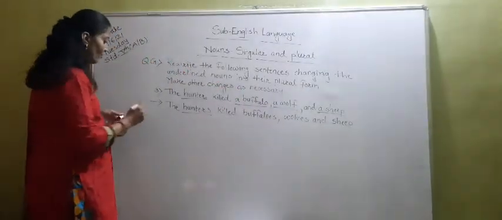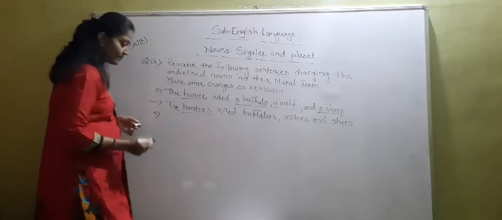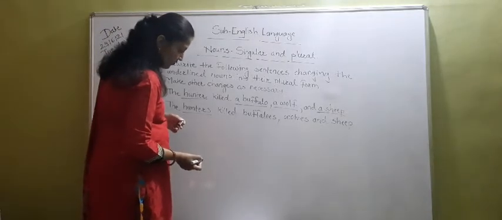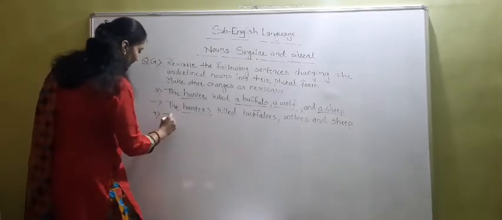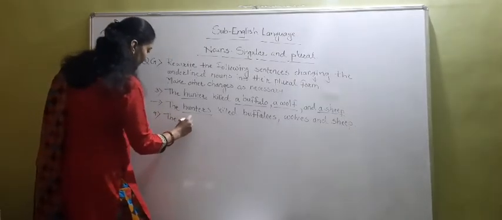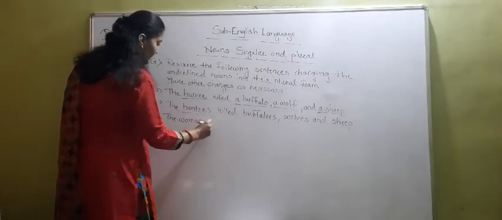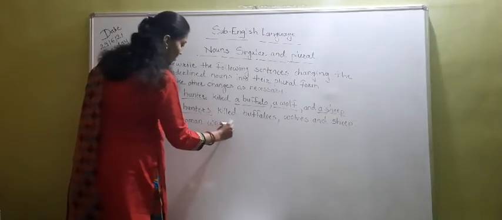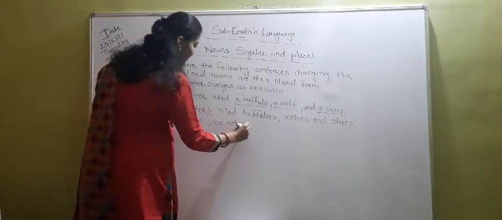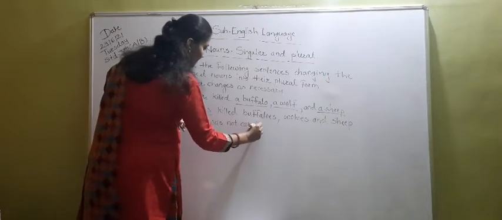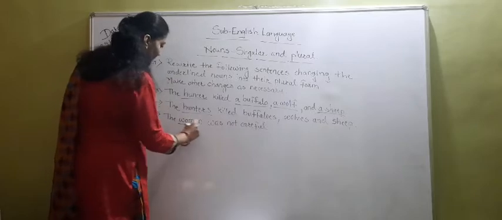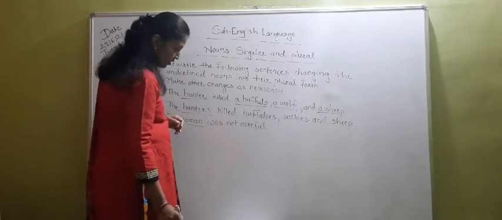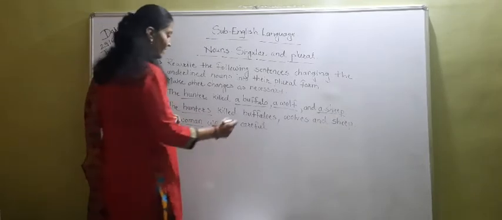So now see the fourth sentence, that is, the woman was not careful. The woman was not careful about her child.